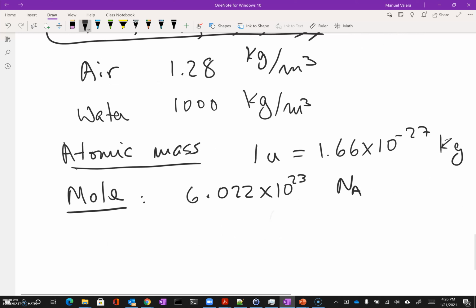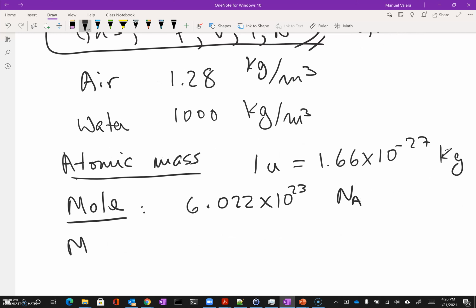And then we have what is called the molar mass. If you take 1 mole of carbon, there are 6 times 10 to the 23 atoms in that mole.